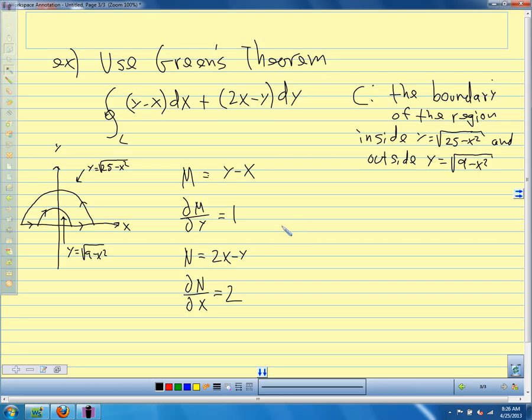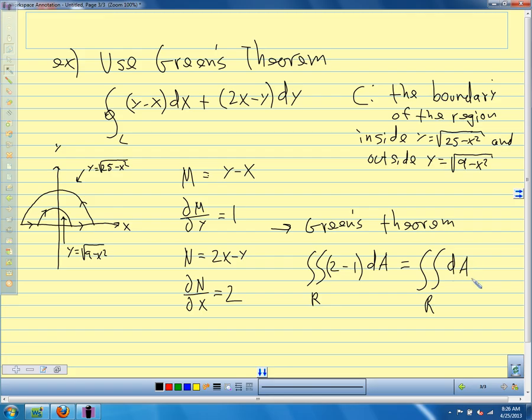So Green's theorem tells us all that we need to evaluate is the integral over our region of 2 minus 1 dA, which is just the double integral over the region of dA. What's a double integral over our region of dA? That's just the area of the region.